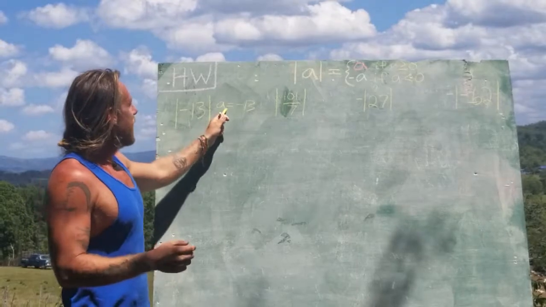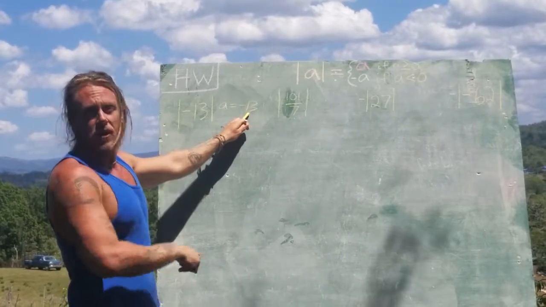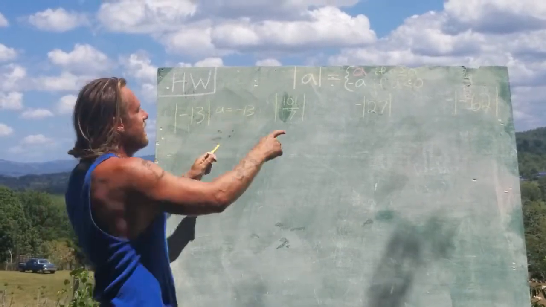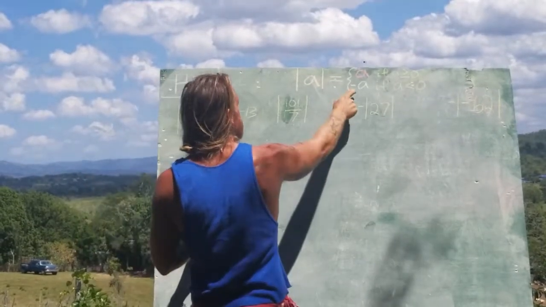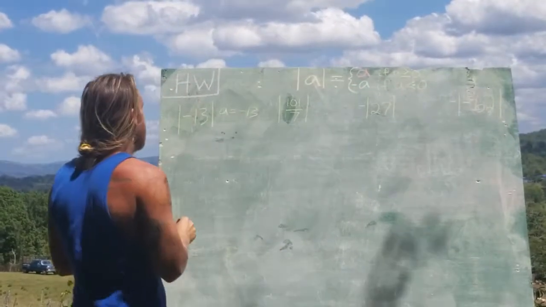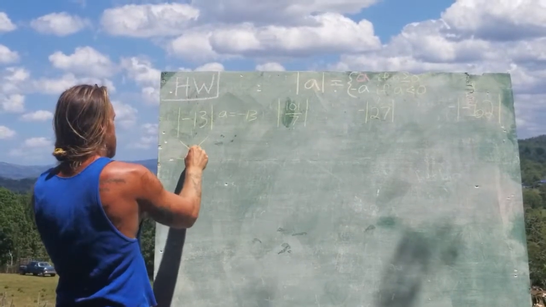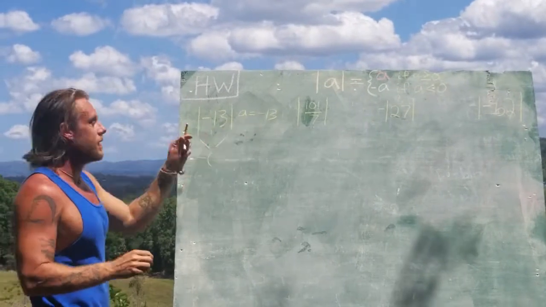Well, we have to look at A. Is A, negative 13, greater than or equal to 0? No, so it's not going to be red A, rather it is less than 0. So the absolute value of negative 13 is going to be equal to negative A. So it's equal to negative. And what is our A? Is it 13? No, it's negative 13.